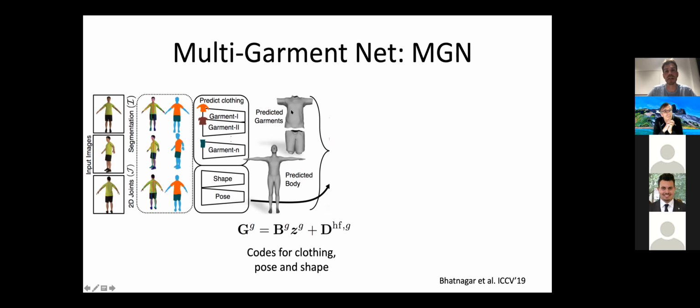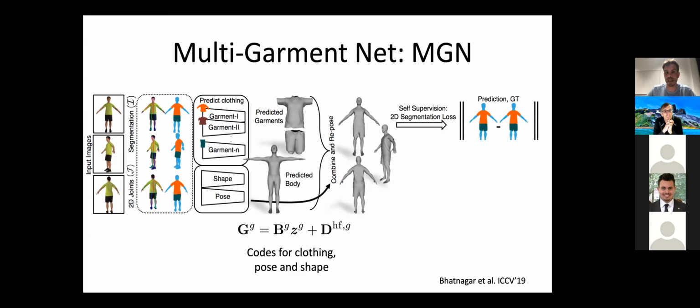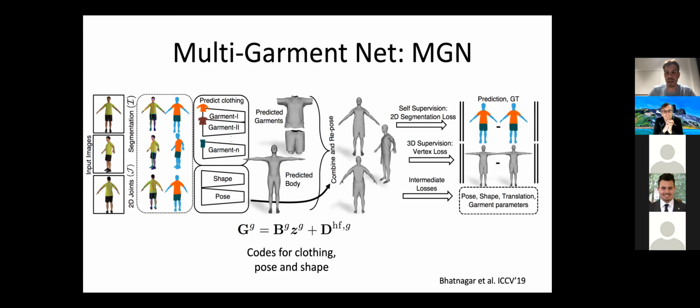I'm not going to get into the details, but the important thing is that you have networks that predict the vertices of each of the garments separately and the body shape as well. Then you compose these things using the same technique I showed for ClothCap, and you obtain the 3D avatars and project them back to the image. You evaluate the typical losses, which I'm not going to describe. You've probably seen this several times. And again, we showed that we can train this using 2D supervision and 3D supervision and combinations of both.